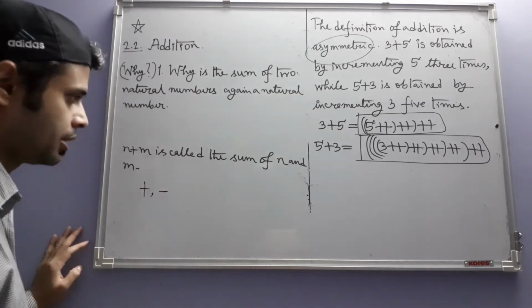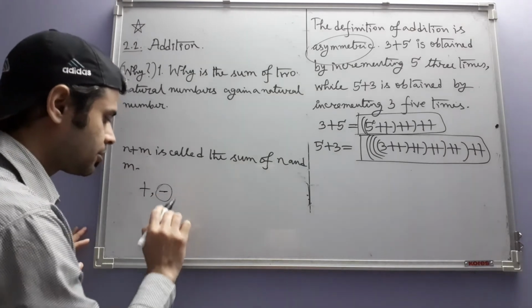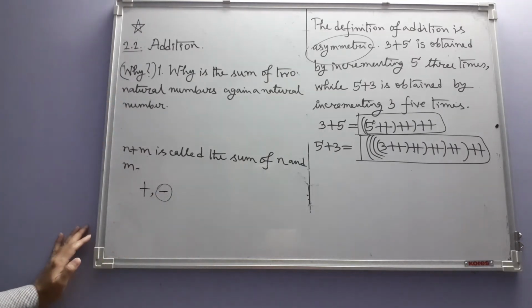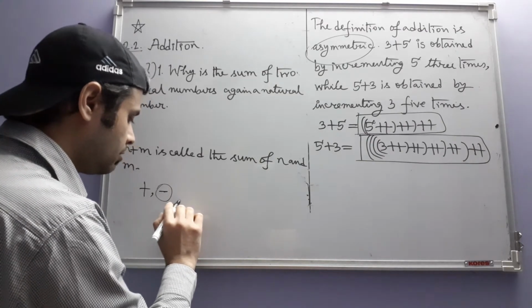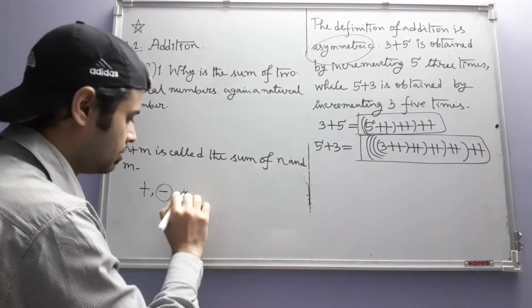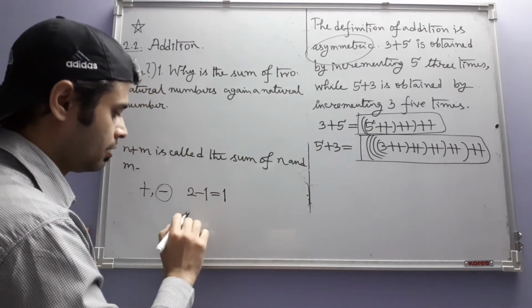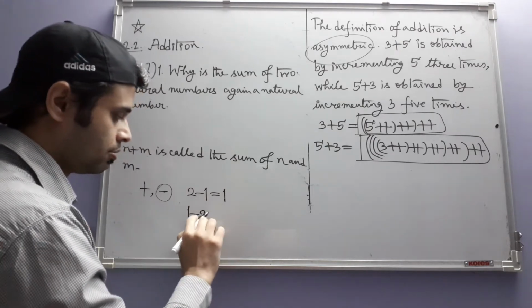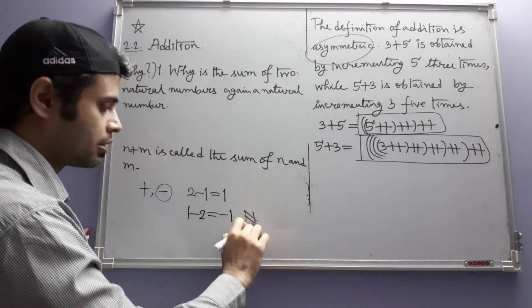With the subtraction that we already know, things are not that smooth. 2 minus 1 is okay, it is 1, but 1 minus 2 is minus 1. We are no longer in the system of natural numbers.